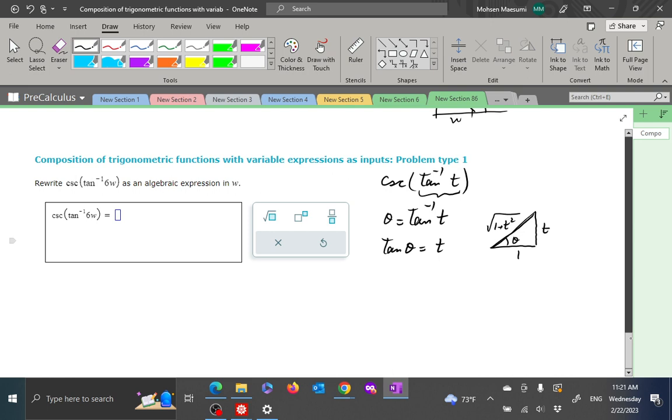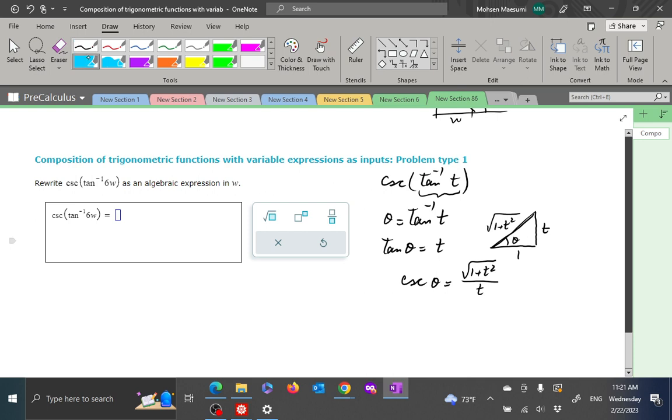Okay, now what is it that we want? We want cosecant of theta. Cosecant is the ratio of hypotenuse to the opposite. Here's the ratio. And in case we were in quadrant 4, t would have been negative, and cosecant would have been negative, and so on.